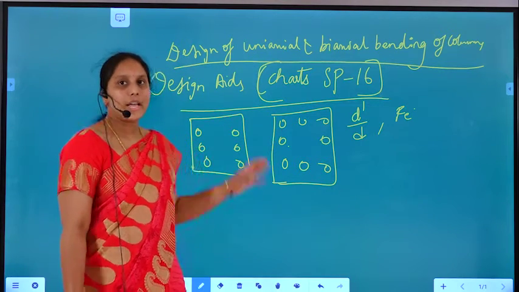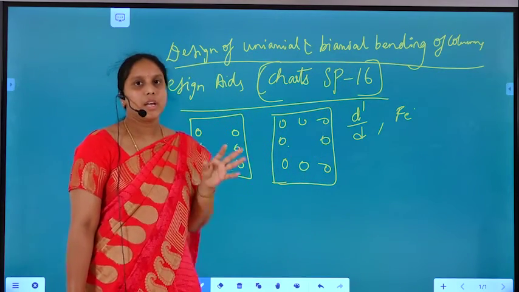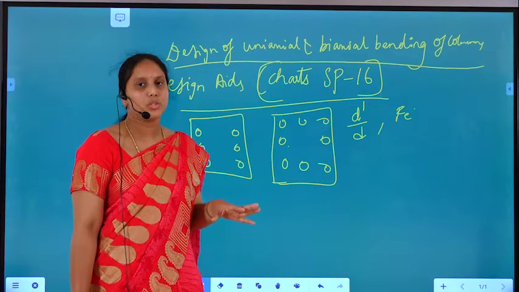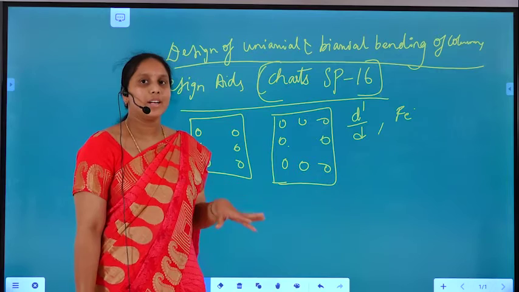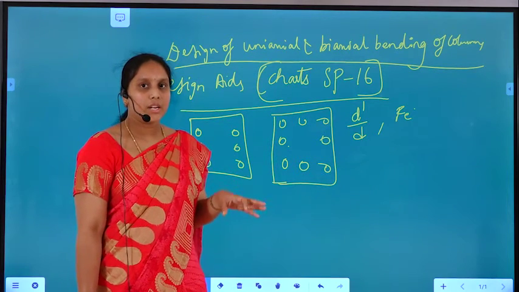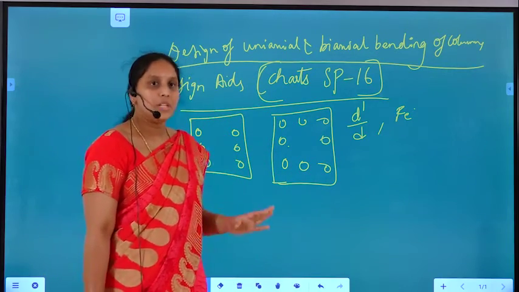When you are designing for an axially loaded and biaxially bent column, there is an equation given in IS 456:2000 which you have to follow, and that check has to be satisfied. Then only is the design you have done correct. So let us see the equation which is given here and which has to be satisfied.